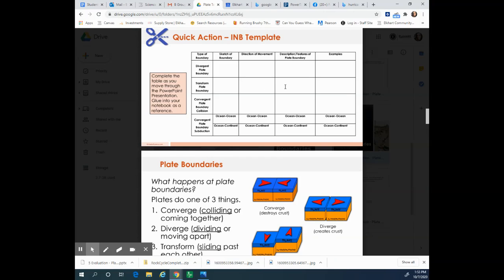Now, here you're going to describe your plate boundaries that are sliding side by side. So you need to find a place where you have frequent earthquakes in the United States and tell me what plates are responsible for making earthquakes. Then you're going to give me an example of where those earthquakes take place.